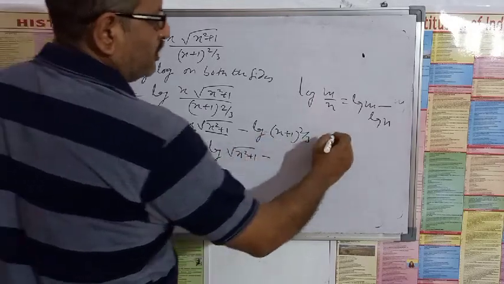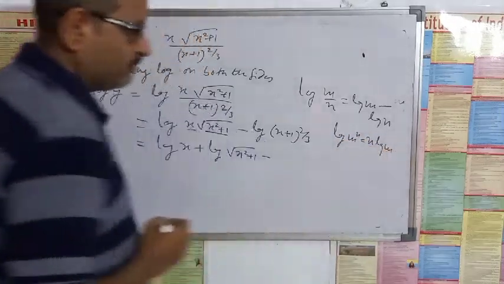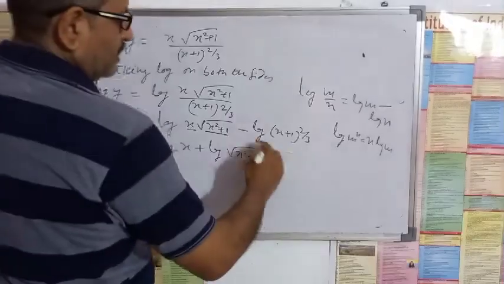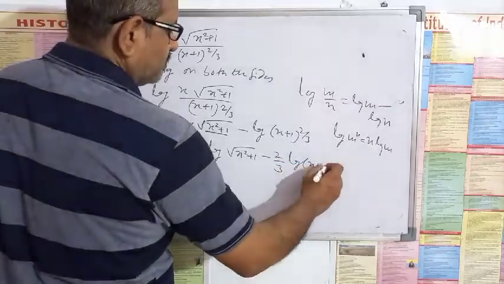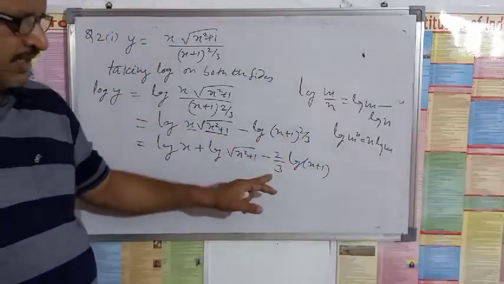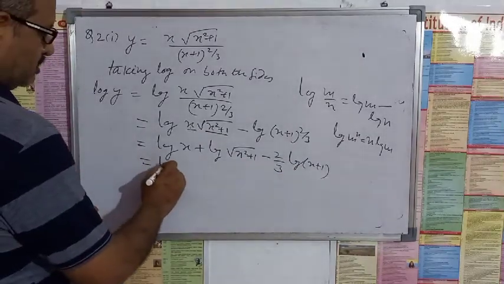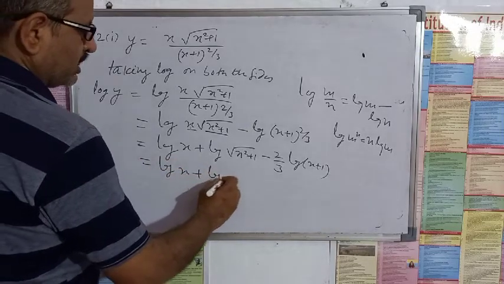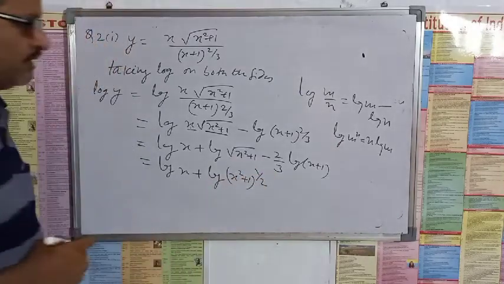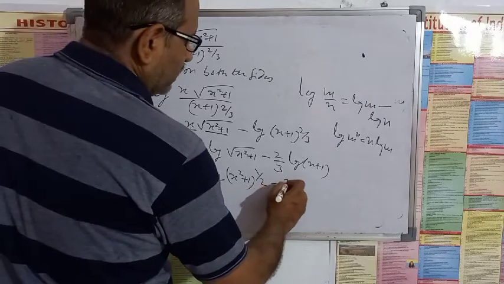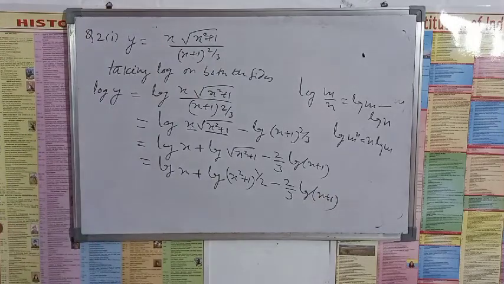And here we can apply the power rule. Log m to the power n is equal to n log m. So take 2 by 3 log x plus 1. And log x plus log, write it in the exponential form, so x square plus 1 to the power 1 by 2, minus 2 by 3 log x plus 1.